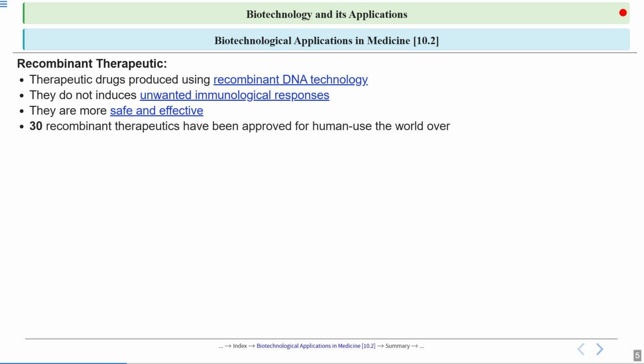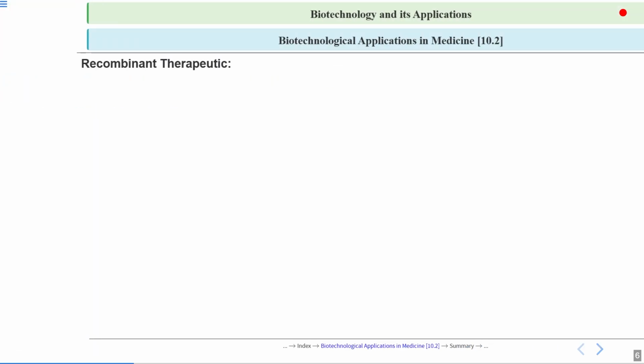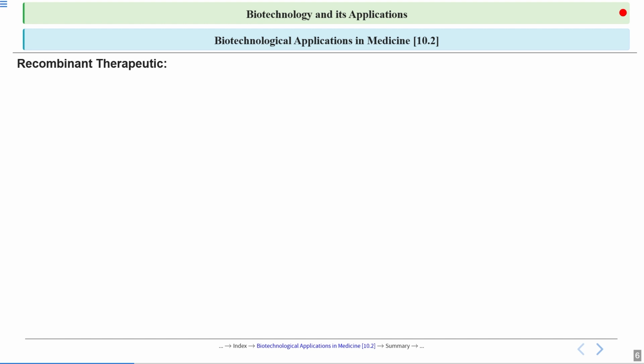Thirty recombinant therapeutics have been approved for human use the world over. In India, 12 of these are presently being marketed.